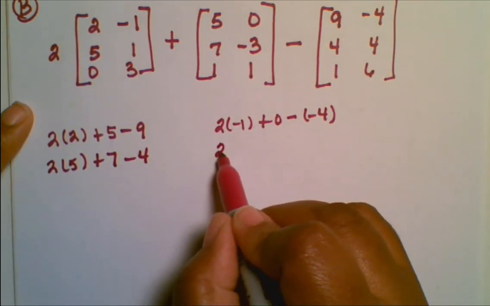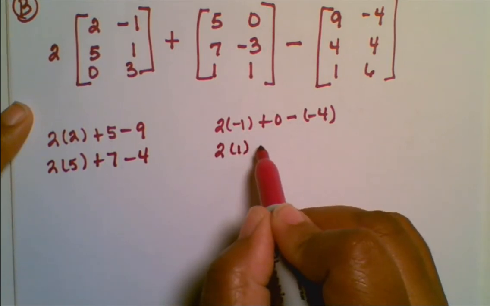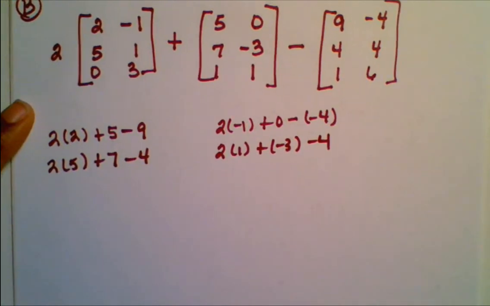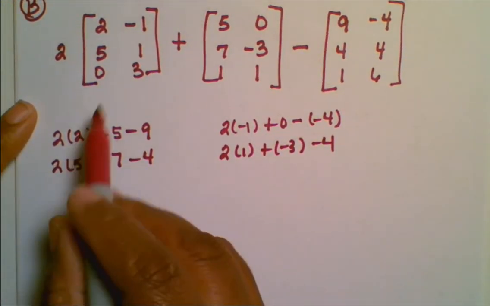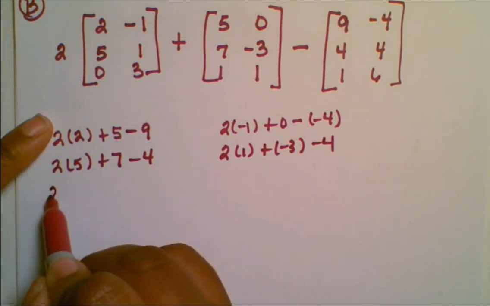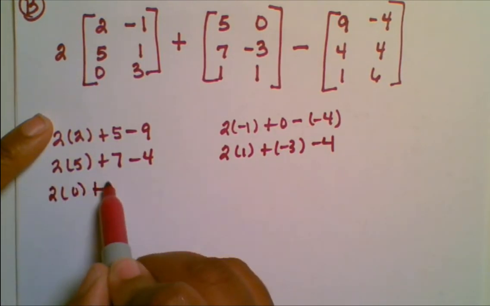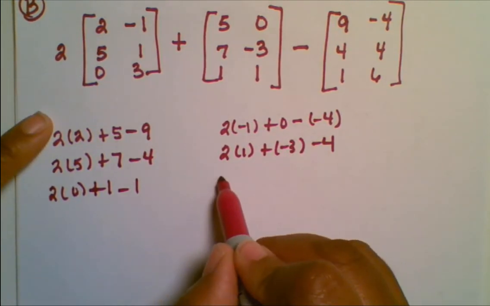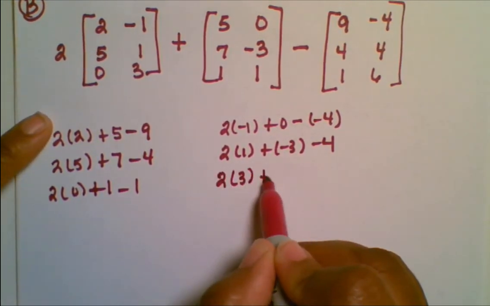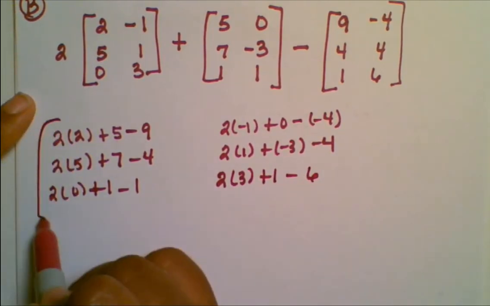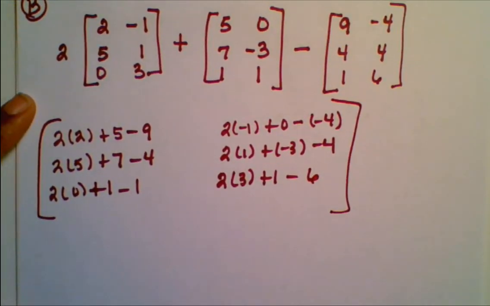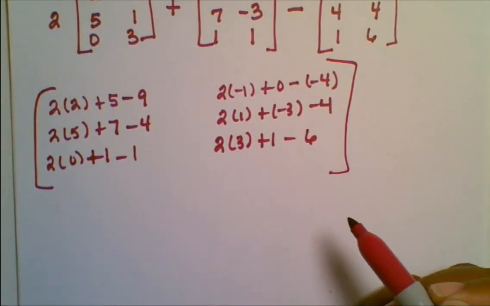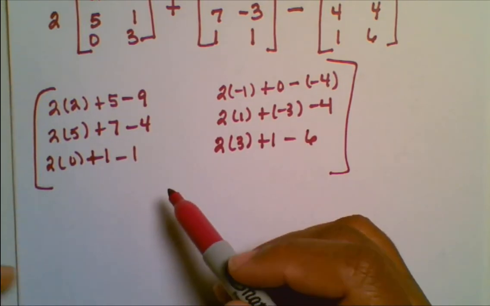Then we have 2 times 1 plus -3 minus 4. Then the last row, 2 times 0 plus 1 minus 1, and then 2 times 3 plus 1 minus 6. Then we're going to add or subtract everything that we see there.